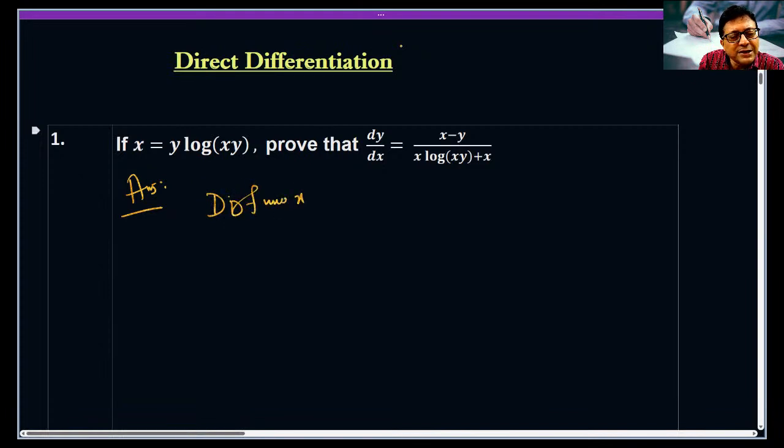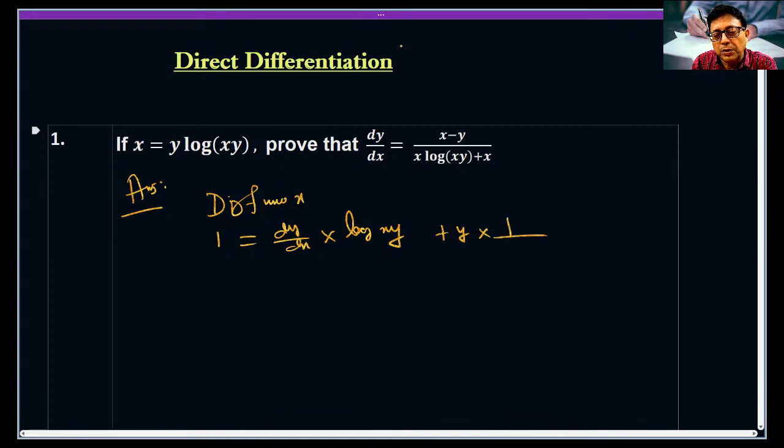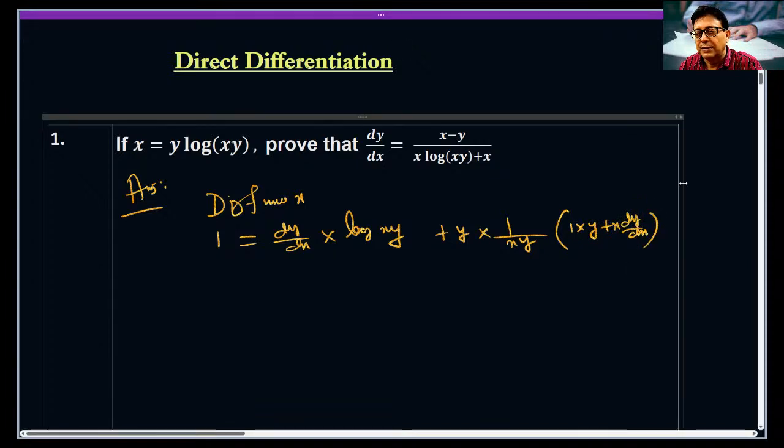Differentiating with respect to x, 1 equals dy by dx times log of xy plus y into the derivative of xy, which is 1 into y plus x dy by dx. It's alright.